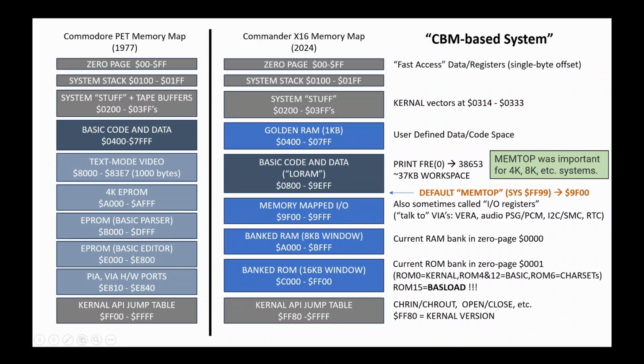Some people will use golden RAM maybe to pass parameters from one program to another area. There's other ways to do that, but you can also use the bank RAM, where you can cycle in other 8K content as your program is running, and you can slide in different portions of 8 kilobyte RAM. But they're all going to be at this address.